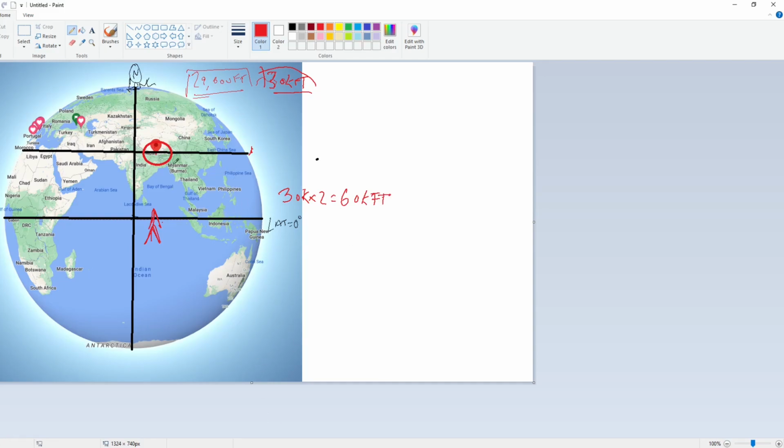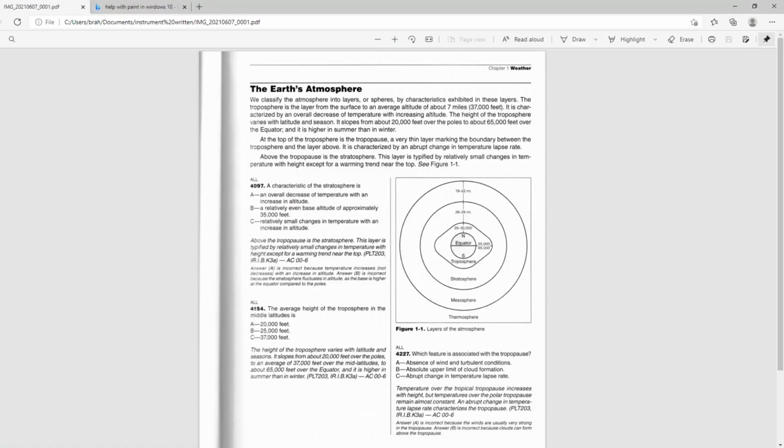And you just have to remember the North Pole is at around 20,000 feet, so the average would be around 40. It's kind of a long way around, but that's how it works for me to memorize.